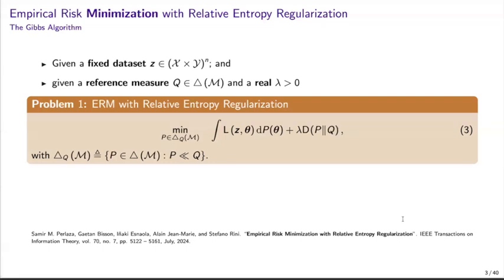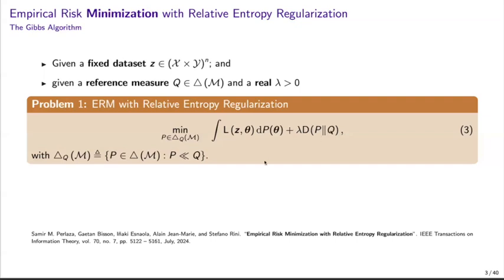All right, so for the first one, we are going to fix the data set Z and a reference measure Q on the models. This can be seen, for instance, as a prior. And we will have a positive real lambda. The problem is the minimization of the expectation of the empirical risk for that fixed data set when models are chosen from the distribution P, and a regularization, which is positive lambda times the Kullback-Leibler divergence of P with respect to Q. I will call Kullback-Leibler relative entropy, it is the same.